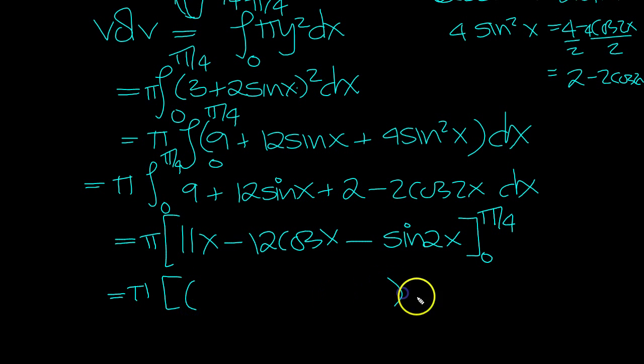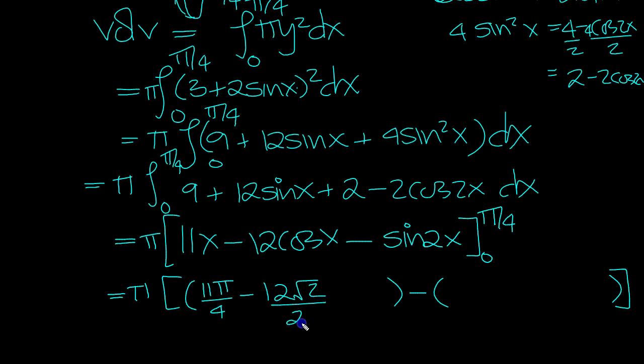Top value, take bottom value. Pi over 4 in is 11 pi over 4 minus 12 cos pi over 4, which is root 2 over 2. And then sine 90 is 1. And then put 0 in.